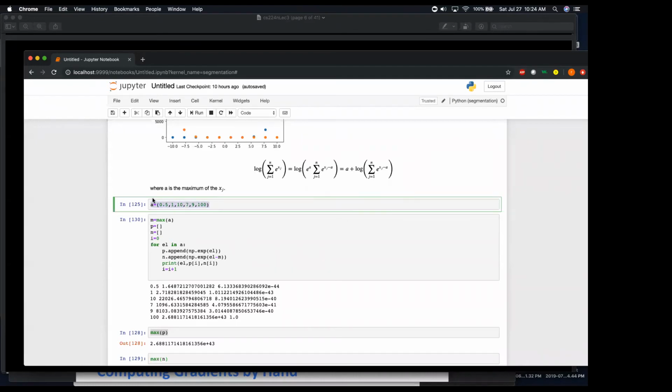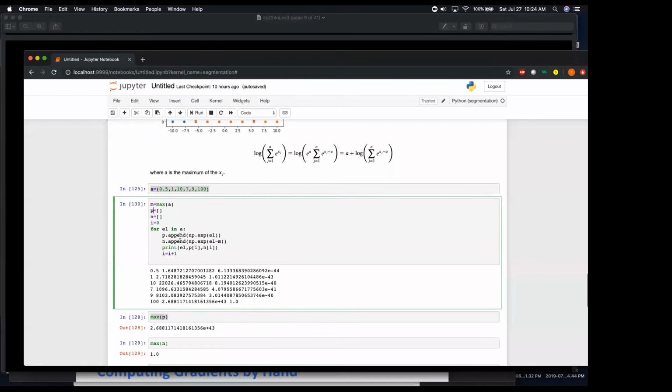So let's say you have this set of numbers that you're trying to convert to a probability. You find the max of a, and I calculated these two. P is if you were to do it the usual non-trick way, whereas N is the one where you're applying the trick. If you look at the first column on the left-hand side, those are the A values.